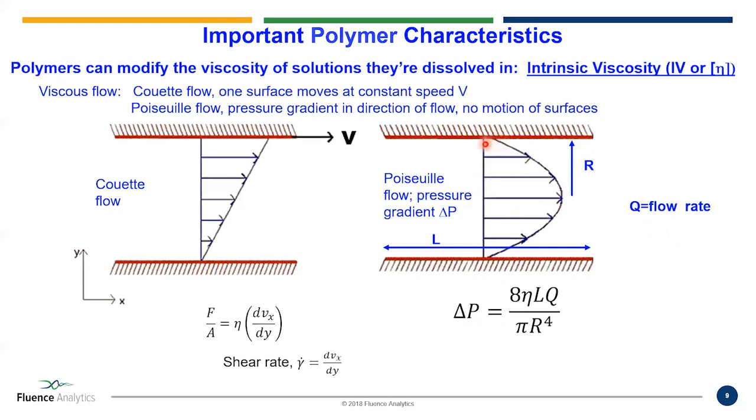Since you have stick velocity, you have 0 velocity at both of these boundaries and a maximum in the middle, and if you're at low Reynolds number, non-turbulent, then in a Newtonian liquid you'll get a nice parabolic flow profile like this. The pressure difference is related to the length of the capillary, this L, the flow rate at which you pump through, and 1 over R to the 4. So it's extremely sensitive to the radius of the capillary. And then there's the viscosity.